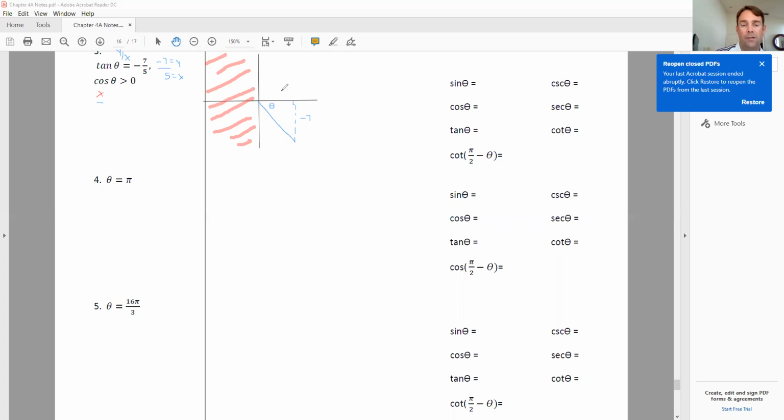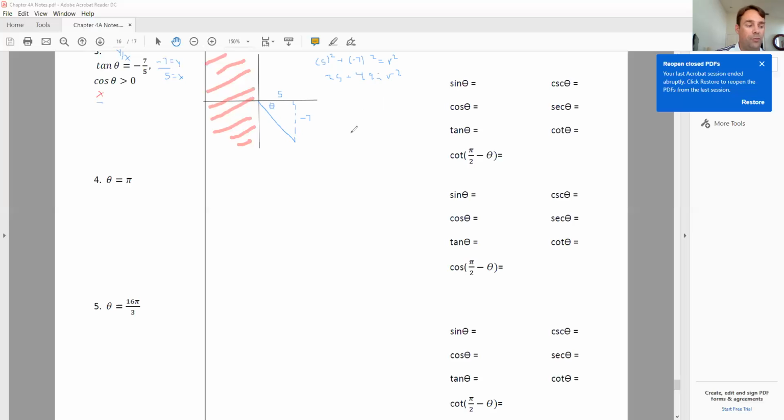-7 and 5. And again, we got to go and figure out the r value this time. So 5 squared plus -7 squared equals r squared. So 25 plus 49 equals r squared.